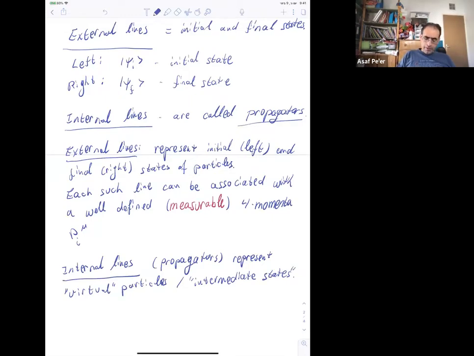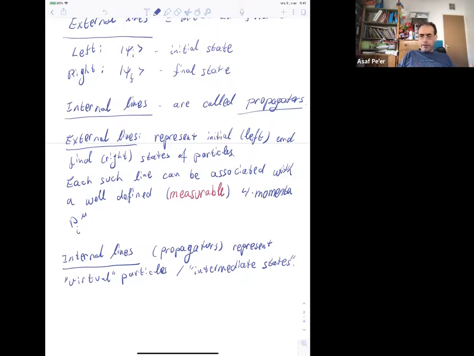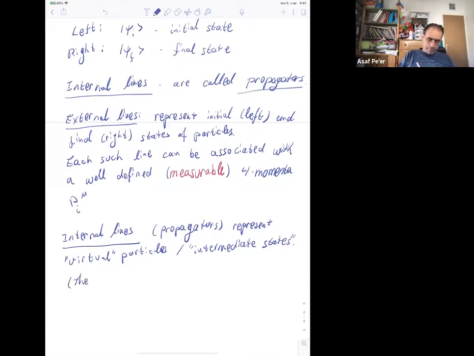Now, the standard notation is to denote the four-momentum by q mu, just to help us distinguish them from the p mu, the four-momentum of the incoming and outgoing particles. However, and that's the important thing, we cannot measure it.